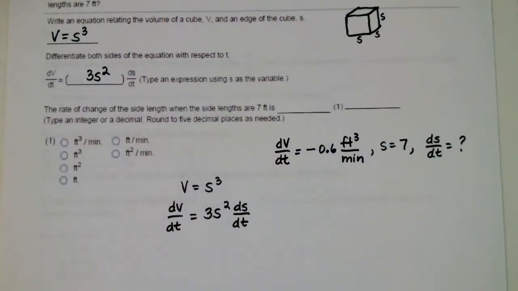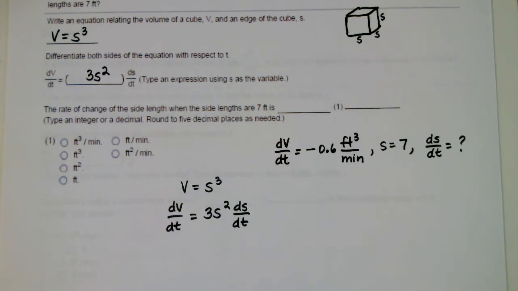So I put 3s squared there, just fill that in as I would if I was doing this in my math lab. So this is my equation, differentiated with respect to time.